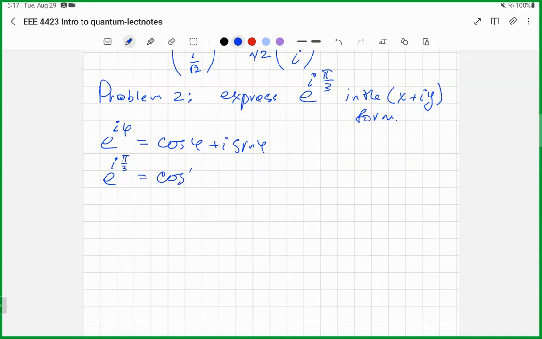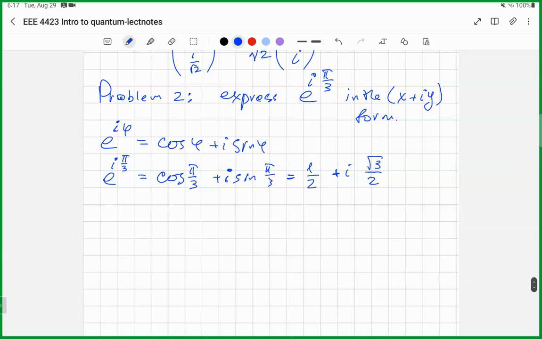So it's cosine pi over 3 plus i sine pi over 3. Sorry for my handwriting. So cosine pi over 3, as far as I remember, is 1/2, right? Plus i times square root of 3 over 2 for the sine.